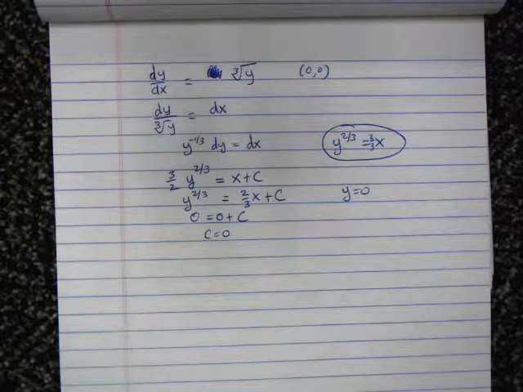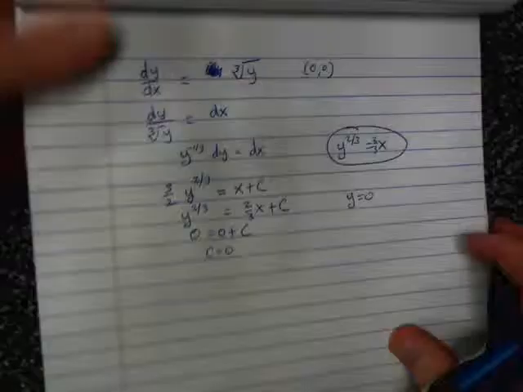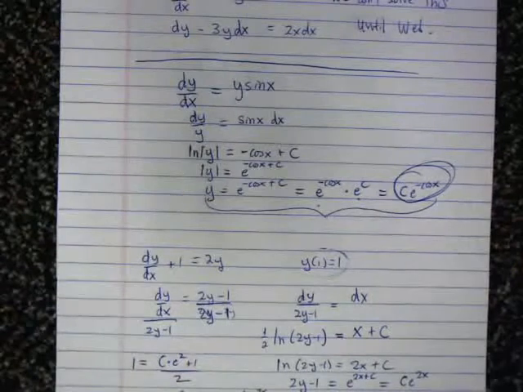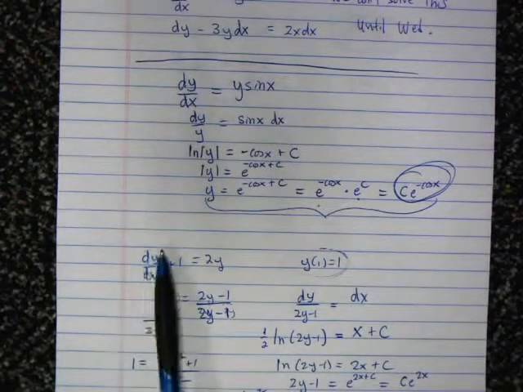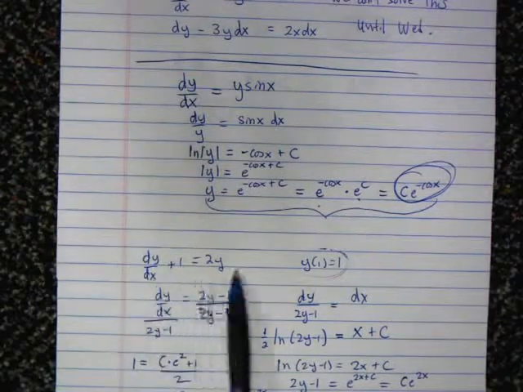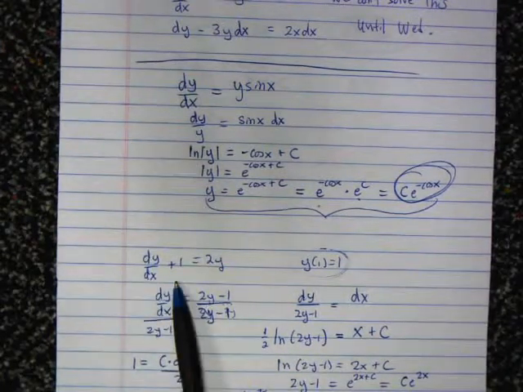Is y equals 0 most likely always going to be one of the answers? Because we always put y equals 0 as a possible answer. Y equals 0 is not an answer to that equation, is it? No, I guess not.